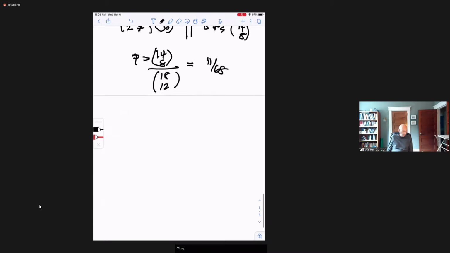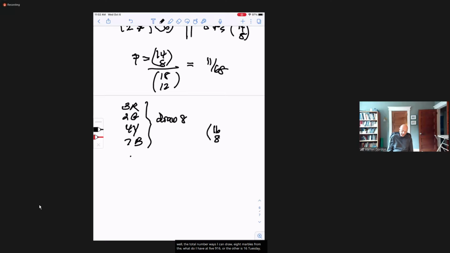Okay. The next problem is we had 3 red, 2 green, 4 yellow, and 7 black, was it? And I draw 8. Well, the total number of ways I can draw 8 marbles from the, what do I have, 5, 9, 16 altogether is 16 choose 8.